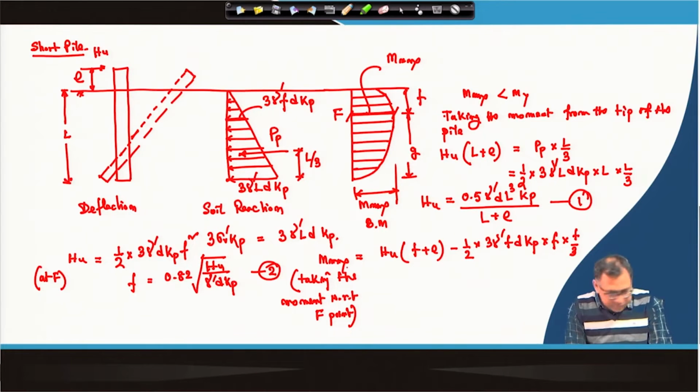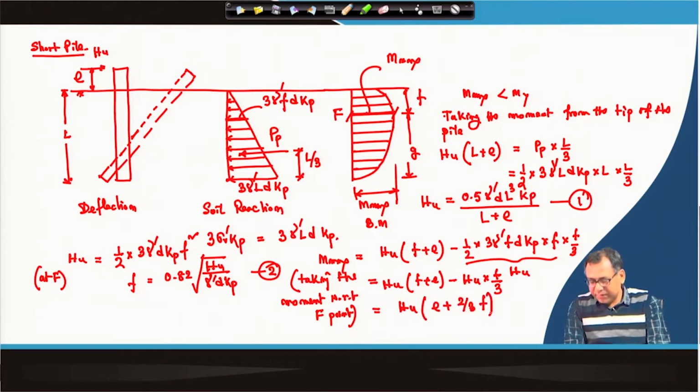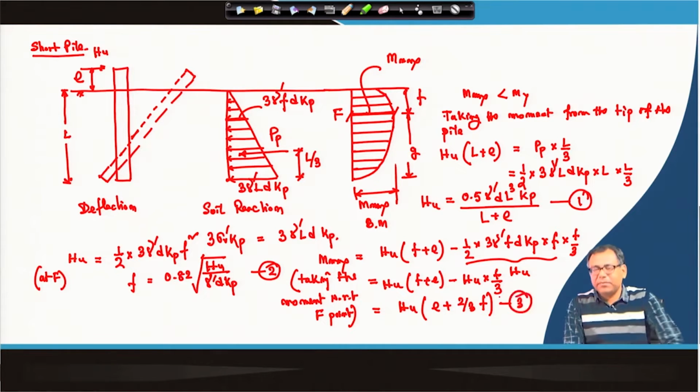If I simplify these things, this is simply H u into F plus E minus H u F by 3. Simplifying this, I will get M max equals H u times E plus 2/3 of F. So, this is equation number 3.